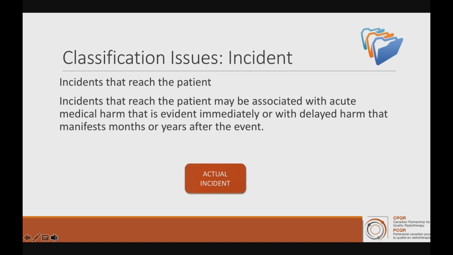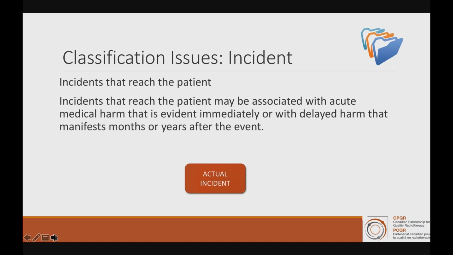When it comes to actual incidents, those incidents that reach a patient, they may be associated with acute medical harm, and that's harm that is evident immediately, some type of injury to the patient, or it can be delayed harm that manifests months or years after the event.